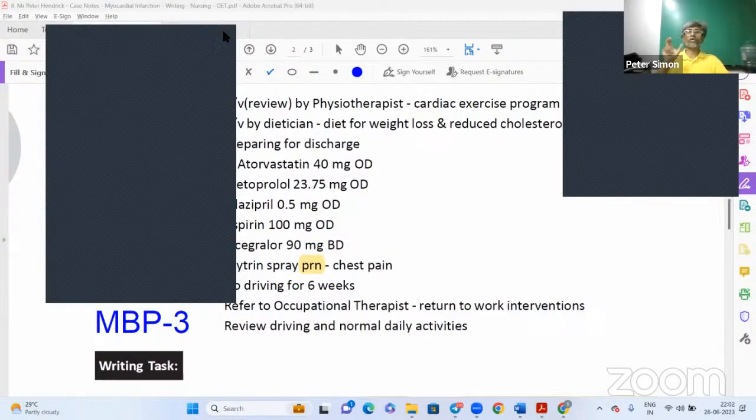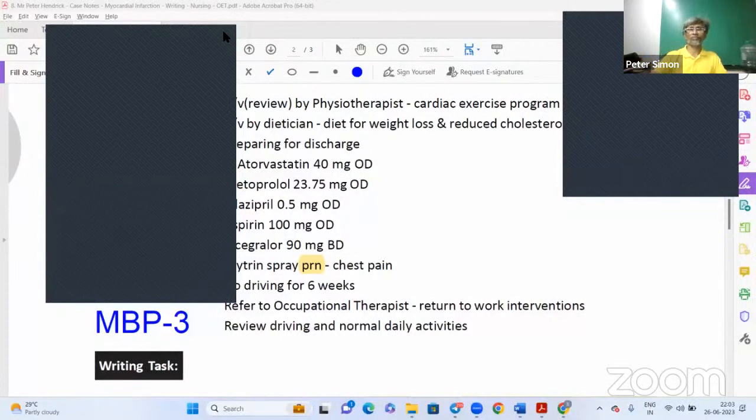You're writing to an occupational therapist. He is concerned only about workplace instructions and other health related things. So only those things you need to write. Remember, you are writing to an occupational therapist. If you think that these are important to an occupational therapist, you can write.